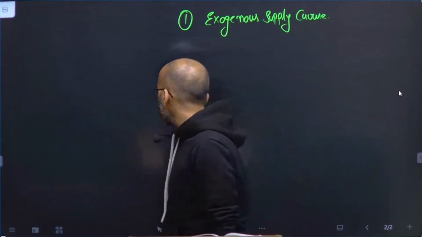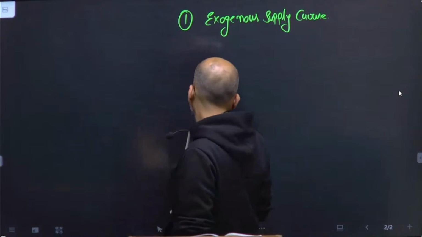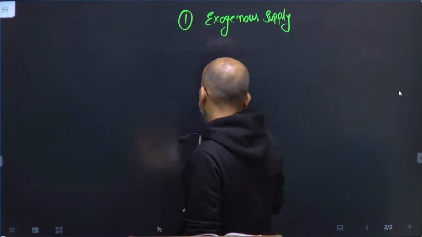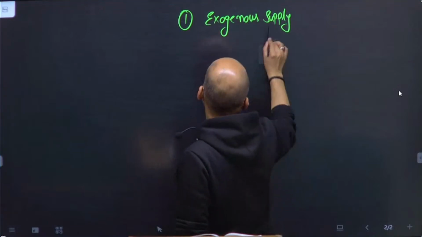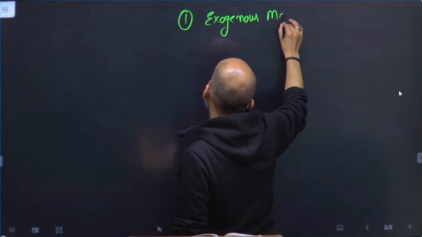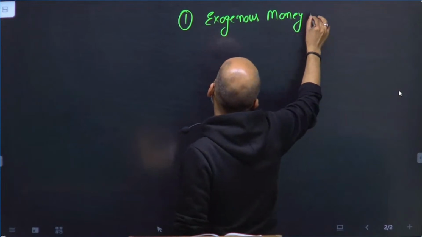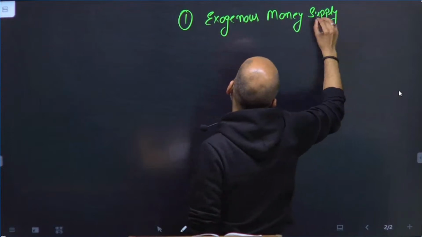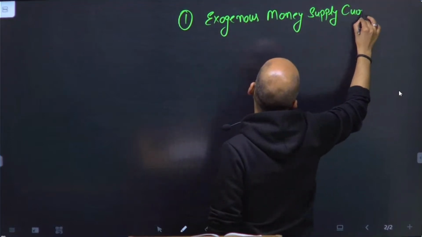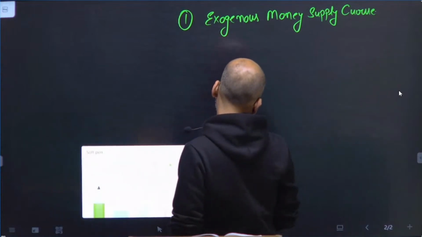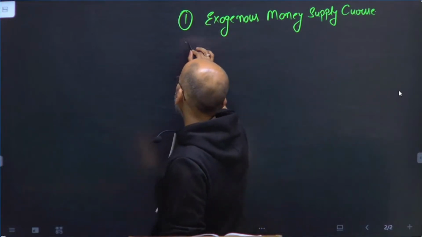It is known as, you can write the full thing, endogenous money supply curve.